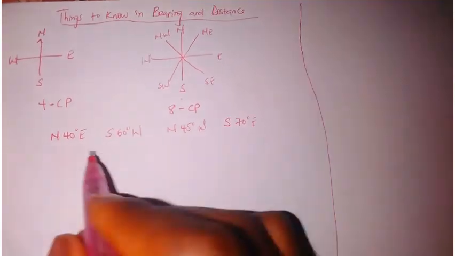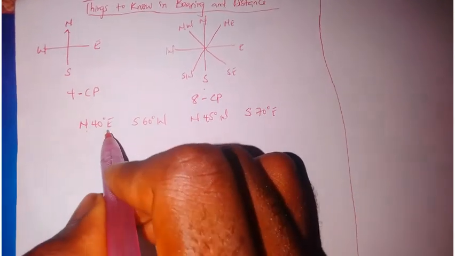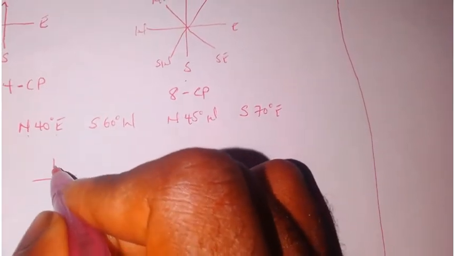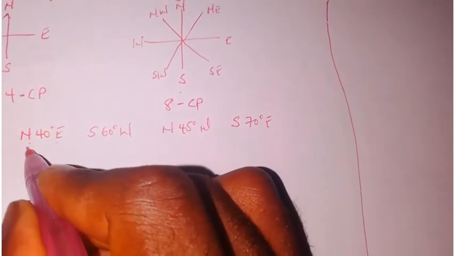Now all this means is that you are starting from your north, tracing it down to your east. So for north 40 degrees east, from north, trace 40, then stop there.